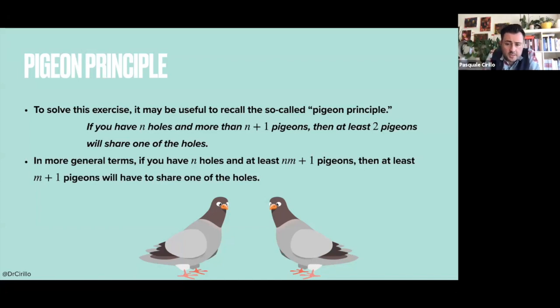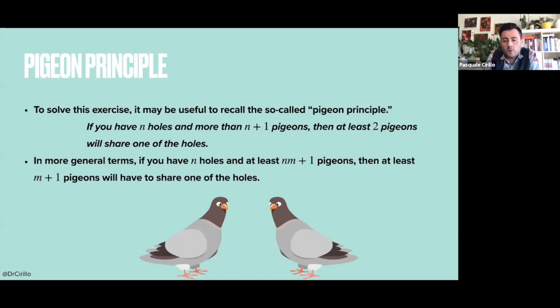Now, this result can be extended in the generalized pigeonhole principle, which states the following. I have n holes and at least n times m plus 1 pigeons. If this is the case, then at least m plus 1 pigeons will be in the same hole.